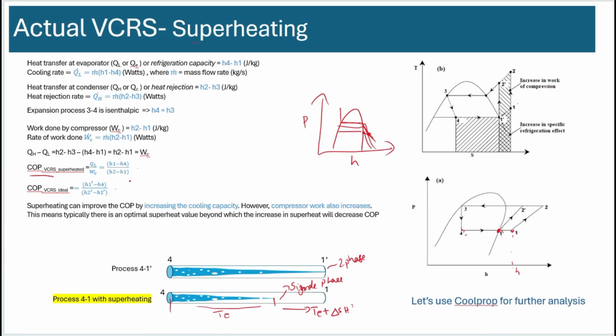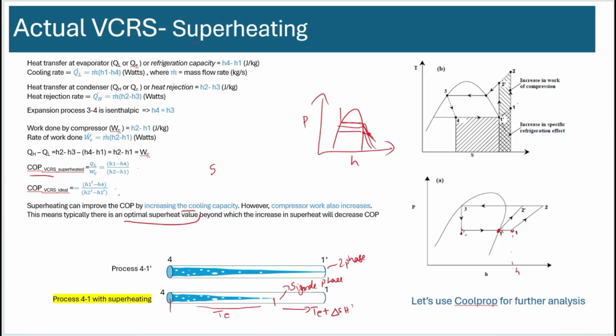So which one is better? It's hard to know this because typically increasing the superheat increases the cooling capacity. However, as you go towards more and more vapor at higher temperature, you need to spend more work in the compressor to achieve the same conditions in the evaporator and condenser, right? So what happens is there is an optimal superheat value, after which if you keep on increasing the superheat, it will decrease the COP.